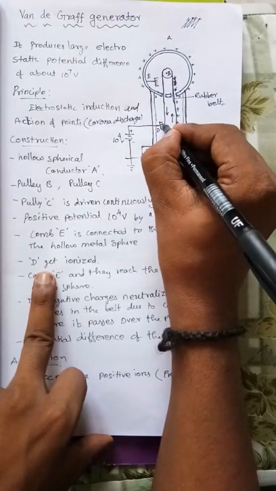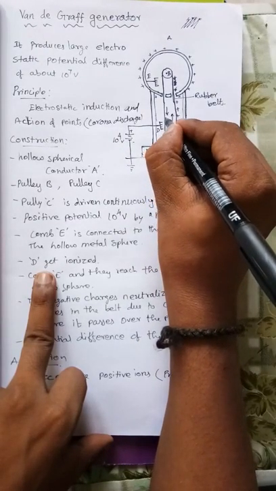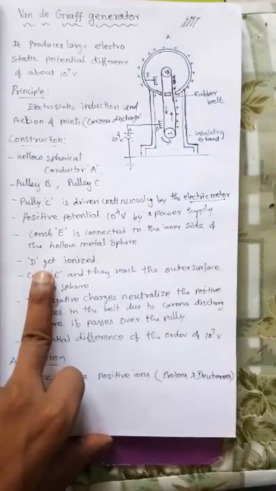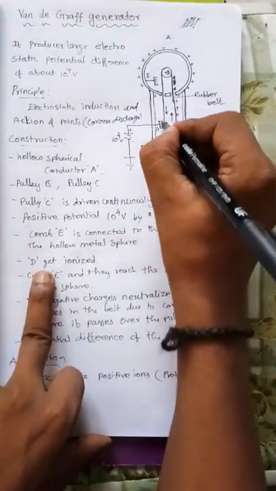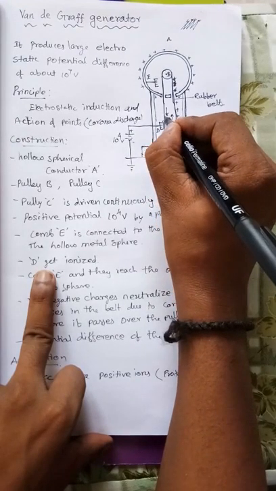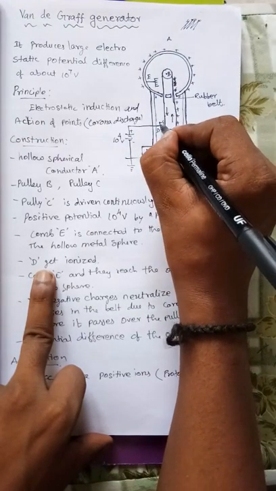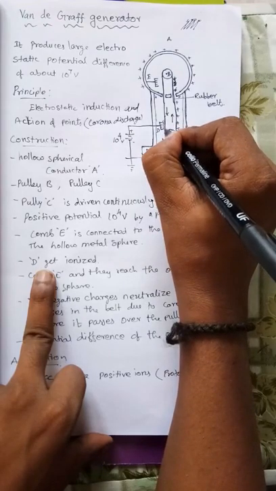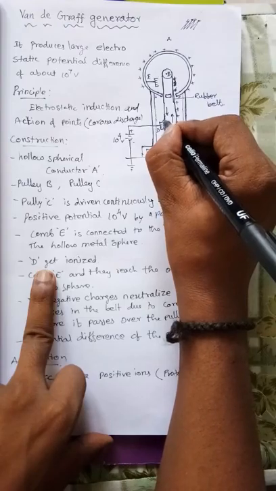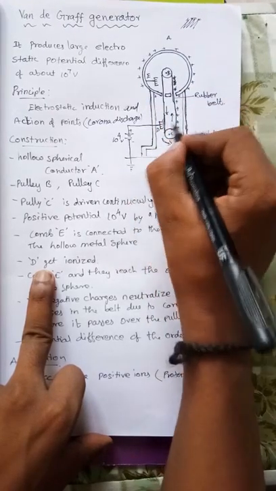Between the comb and the rubber belt, there is some air, an open space.